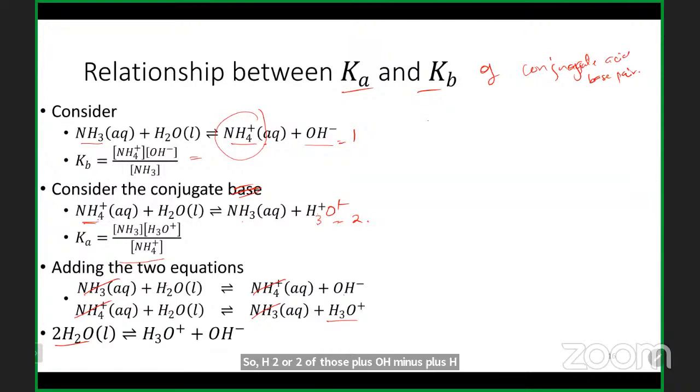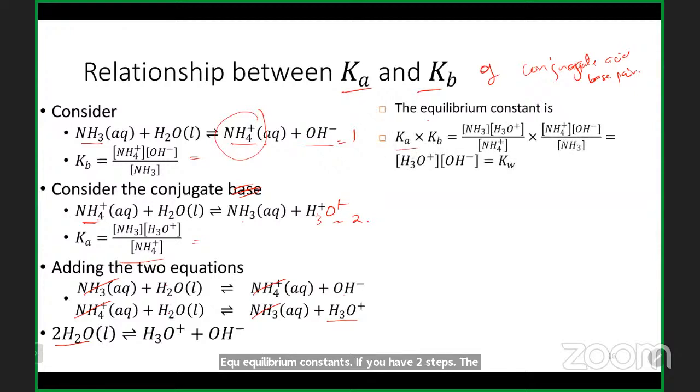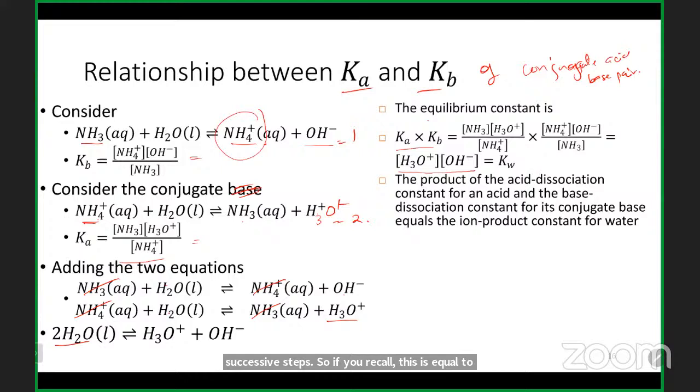Recall one of the properties of an equilibrium constant. If you have two steps, the equilibrium constant is a multiplication of the equilibrium constants of each successive step. So this is equal to the ion dissociation constant of water, meaning that the product of the acid dissociation constant of an acid and the Kb of its conjugate base is the water dissociation constant.